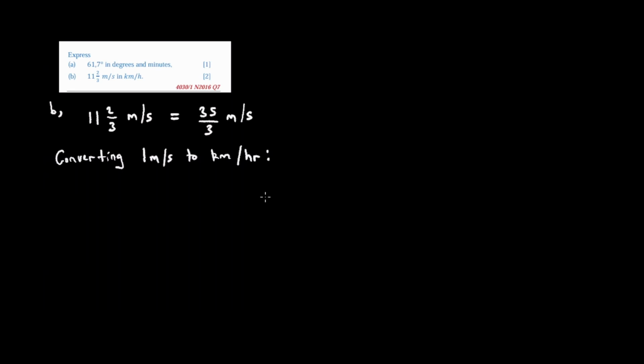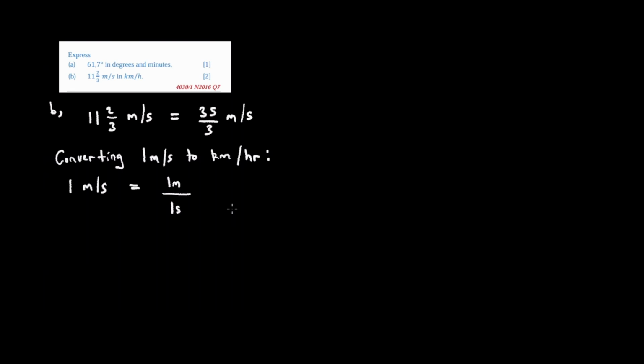Again, this is a paper one, so no calculator. So here we have 1 meter per second. What does it mean? It means 1 meter over 1 second. That is what it means.